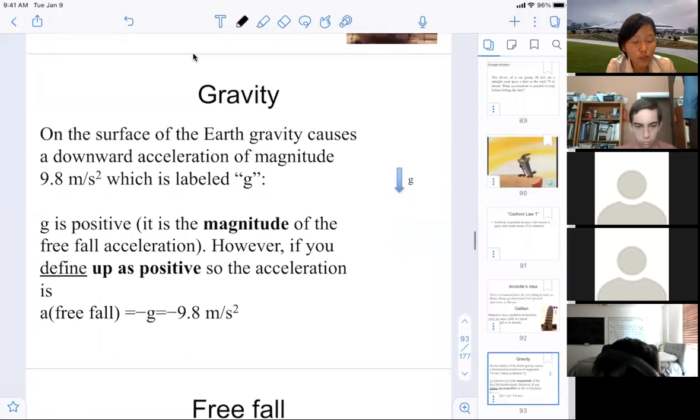After many experiments, and later much more accurate experiments, we found out that as long as we're all on Earth, any object will fall with the same acceleration, at the same rate. This means if you release them from the same height, they will reach the ground at the same time.